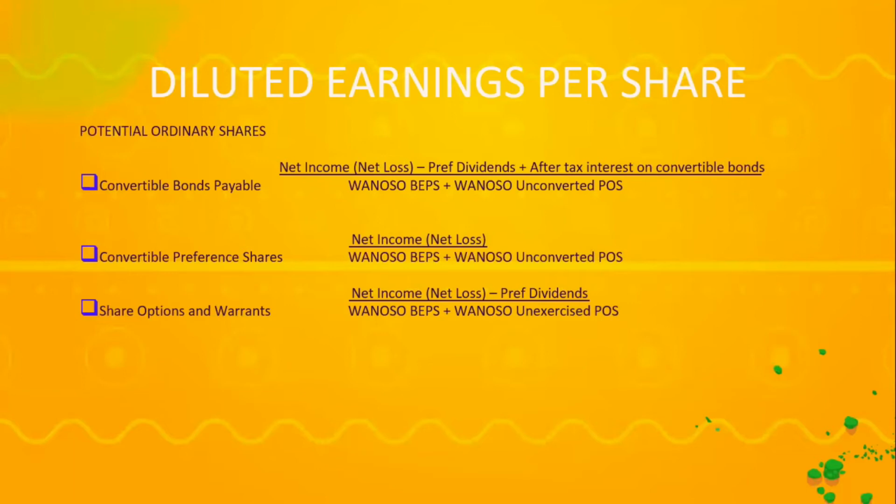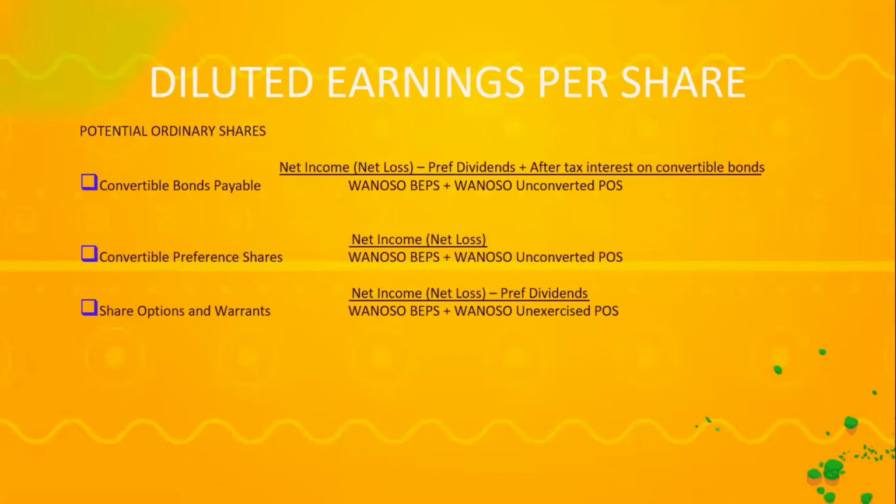So the formula is net income or net loss. Let's discuss the numerator. Notice the preferred dividends are gone. Why? Because the assumption, of course, is that preferred dividends are what we pay to preference shares. And the assumption is we have issued convertible preference shares, and all were converted at the earliest presentation.